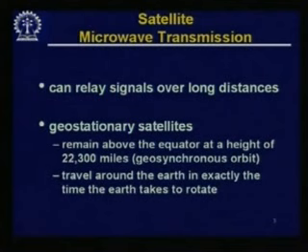This is one strength of satellite communication, because if you send it all the way up, and then send it down at an angle, the signal can reach a very long distance. There are different kinds of satellites, and one of the most commonly known is the so called geostationary satellite. They remain above the equator at a height of approximately 22,300 miles, which is the geosynchronous orbit. They travel around the earth in exactly the time the earth takes to rotate.